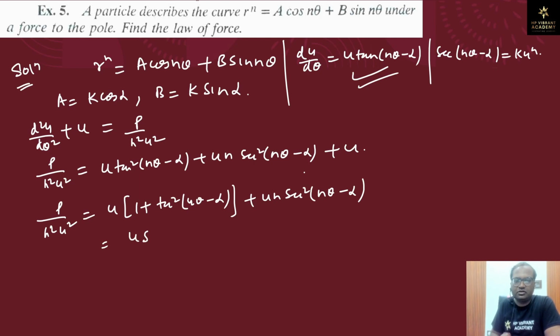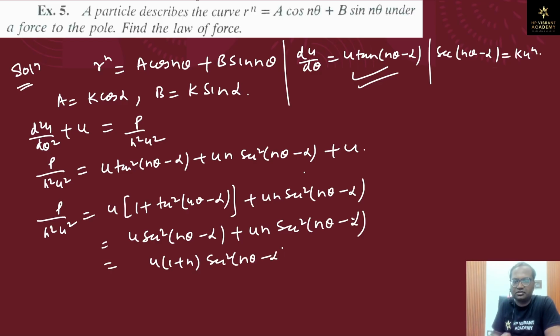So we have u of sec square (n theta minus alpha) plus u n sec square (n theta minus alpha). So we have u times of (1 plus n) sec square (n theta minus alpha). This is p upon h square u square. P is equal to h square u cube (1 plus n) into, we have sec of (n theta minus alpha) is k u to the power n. So this is (k u to the power n) whole square.